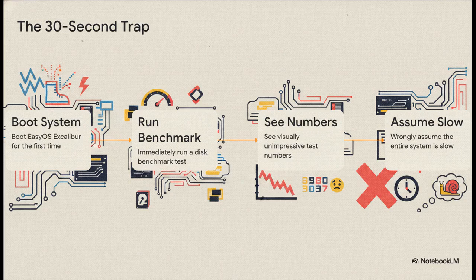Step 3, the numbers come back, and honestly, they look pretty unimpressive compared to a conventional, SSD-focused Linux setup. And finally, Step 4, you just assume the system is inherently slow. It all happens in the first few minutes, sometimes literally the first 30 seconds. But here's the kicker. This quick sequence of events leads to a fundamentally wrong conclusion. Why? Simply because EasyOS isn't even playing the same game as standard distributions.